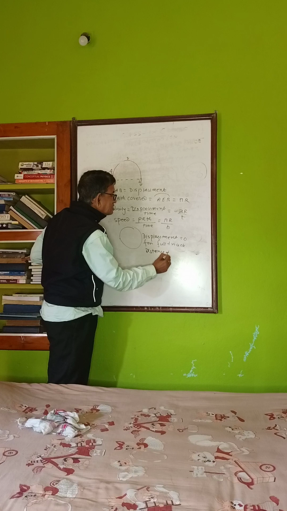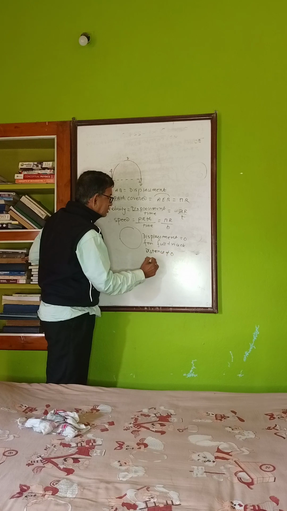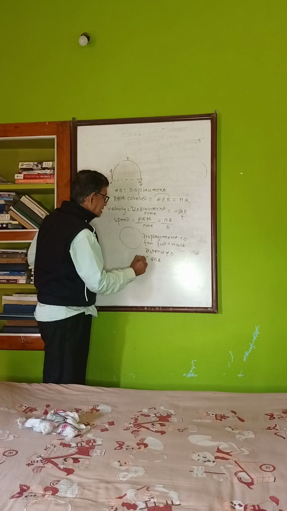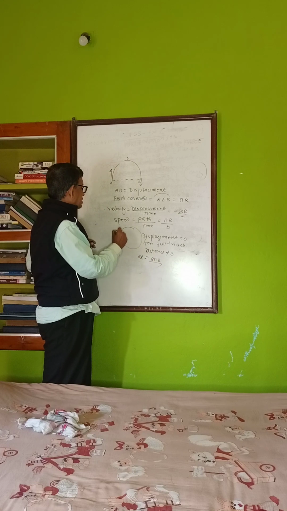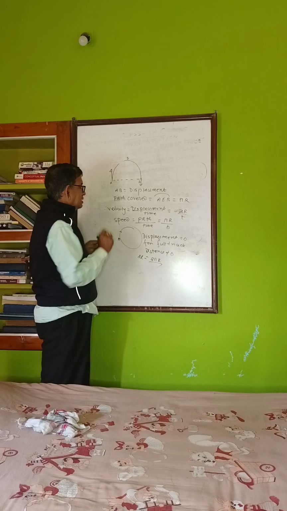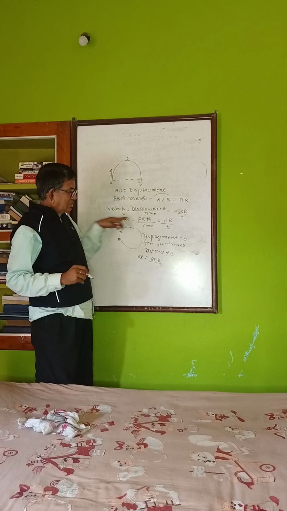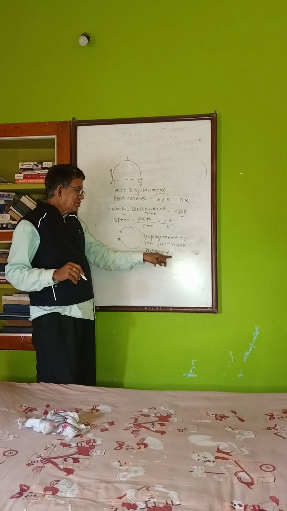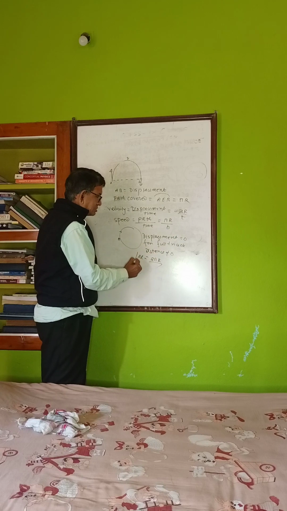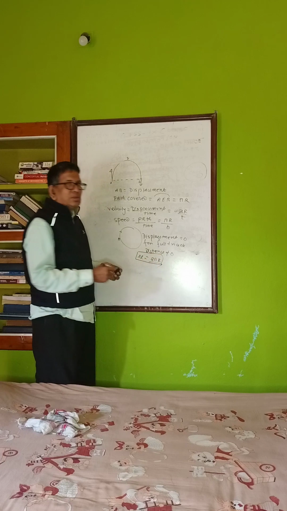Distance is equal to the path length, 2 pi r. That means going from A to A again, full track: displacement 0, but distance not equal to 0, distance equal to 2 pi r.